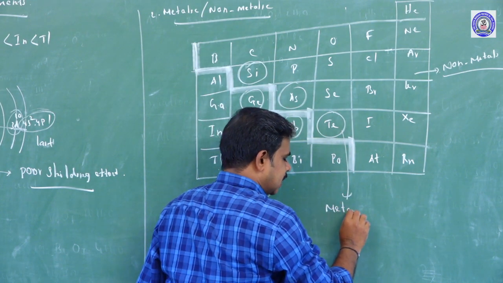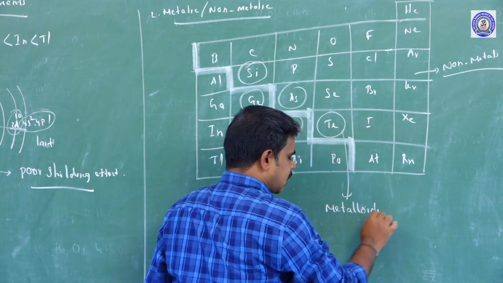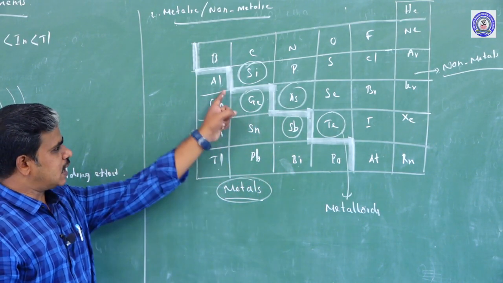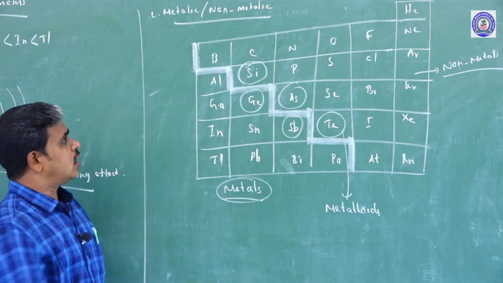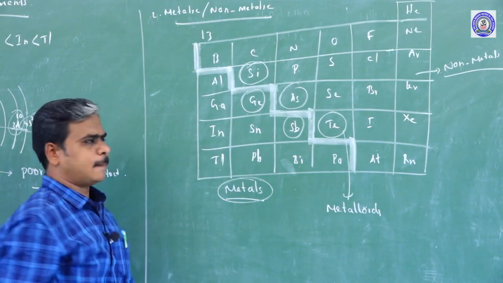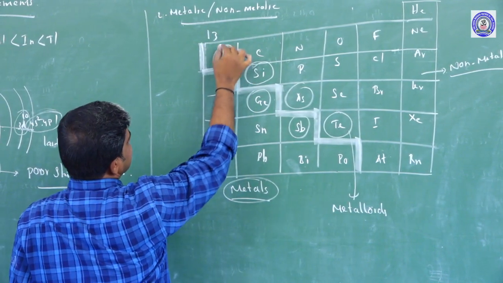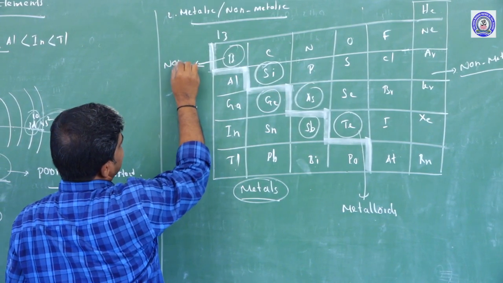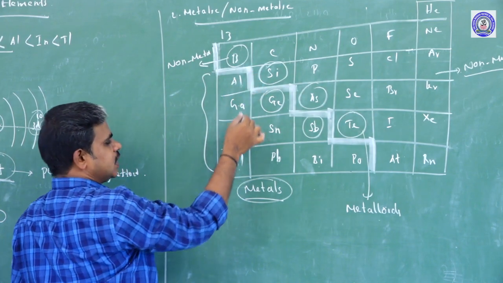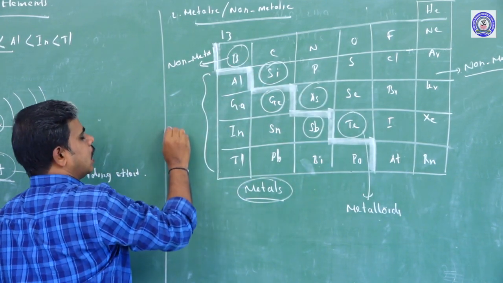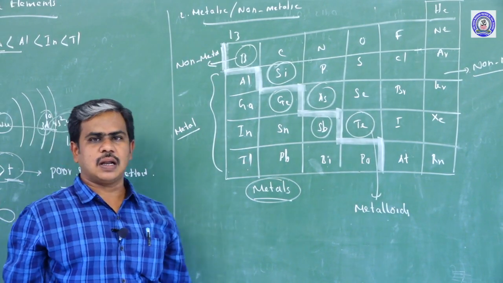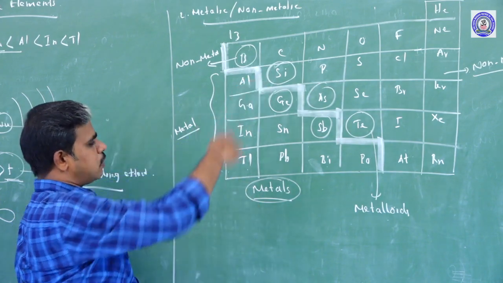What are metalloids? They have both metal and non-metal properties, so they are called semi-metals. So in the 13th group, which one is non-metal? Boron is a non-metal, and the remaining gallium, indium, thallium and aluminum are all metals. So this is how we identify metals and non-metals in the p block elements.